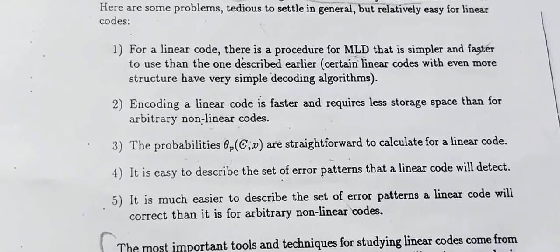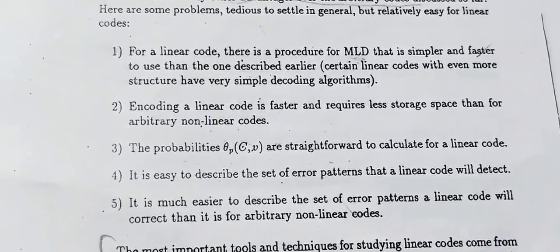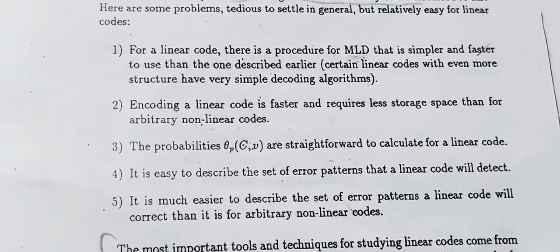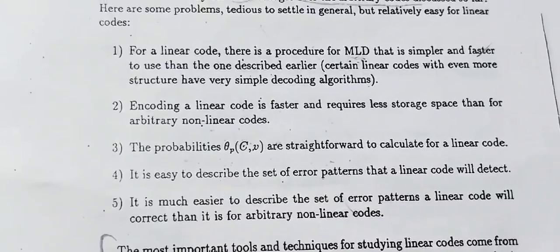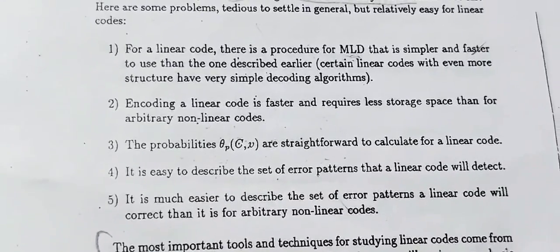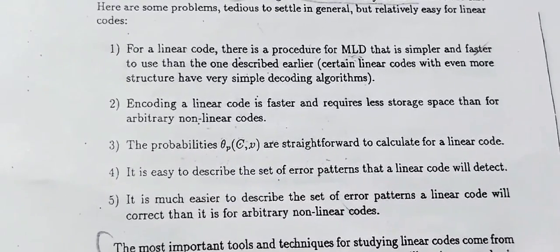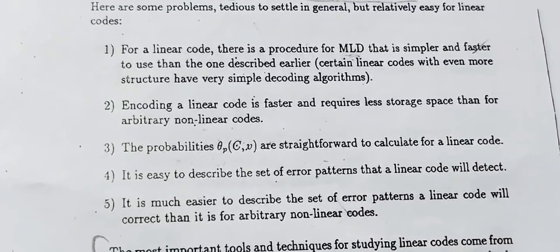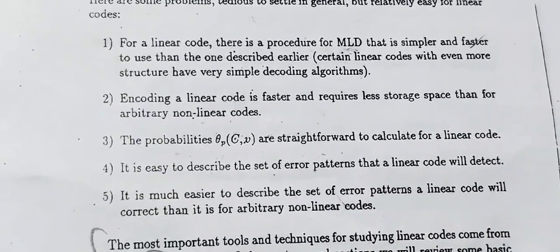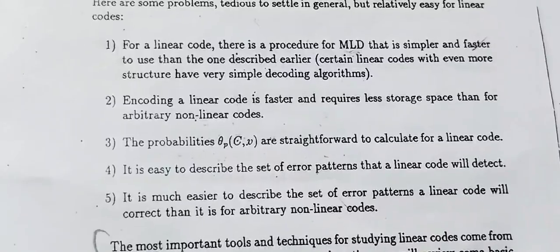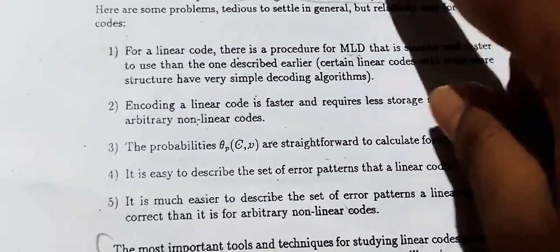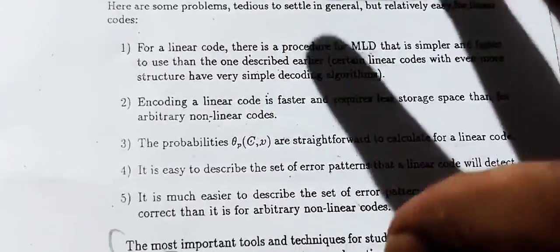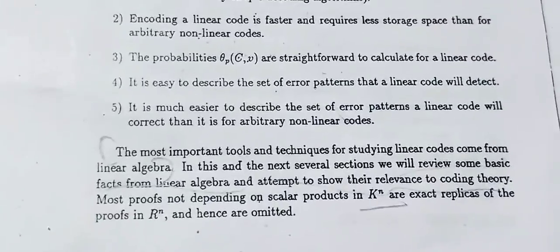And fourth one is it is easy to describe the set of error patterns that a linear code will detect. So linear code എന്ത് ചെയ്യും? Error pattern detect ചെയ്യും. And fifth one is it is much easier to describe the set of error patterns a linear code will correct than it is for arbitrary non-linear codes. Okay, here just ഒന്ന് study ചെയ്ത് വെക്കുക കേട്ടോ. 5 advantages of linear code ആണ്.